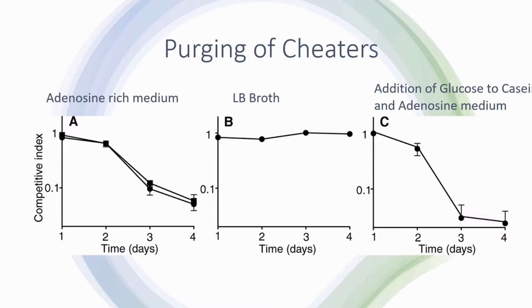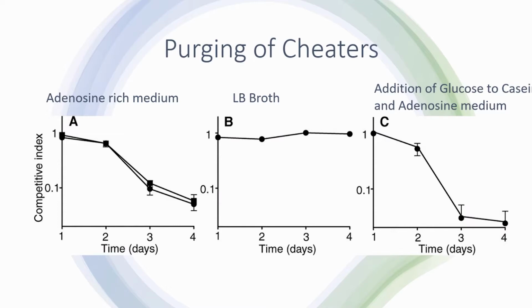But over time, we see that there's less competition for cooperators, and we can make this assumption that the cheaters that were already existing in the initial colony are somehow getting purged out because we're seeing this decrease in competition. If we look at C, that enforces that idea, but I'll get into that a little bit later.